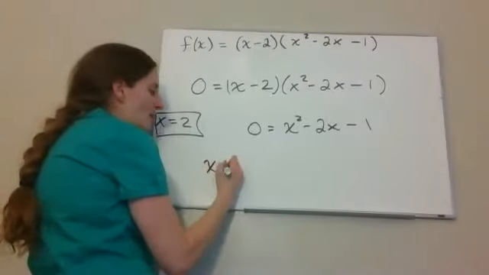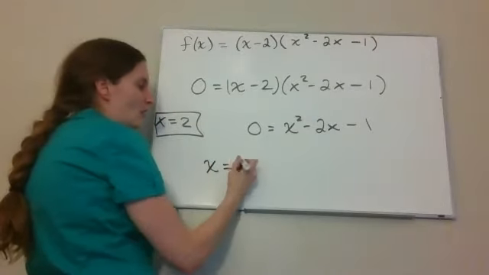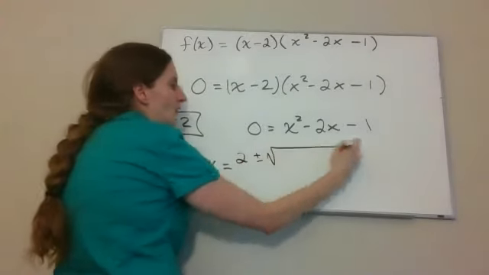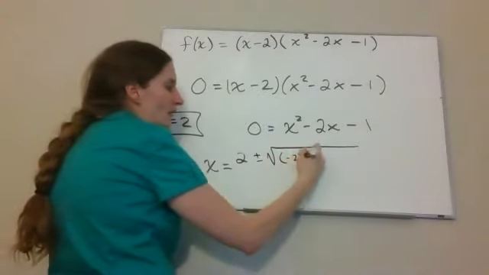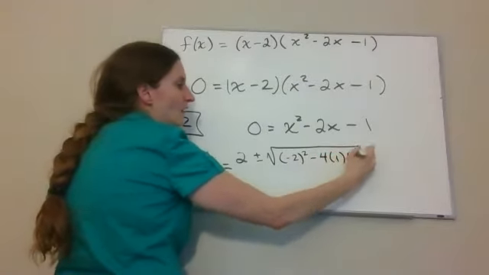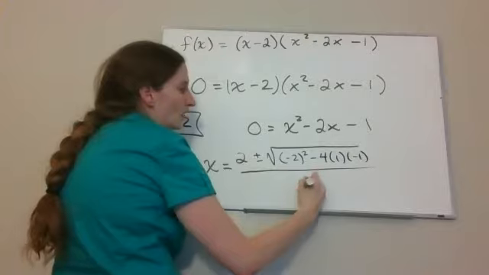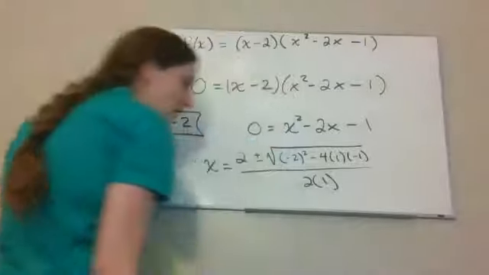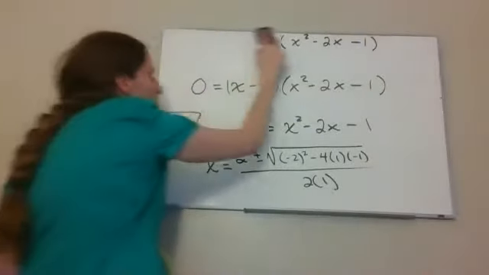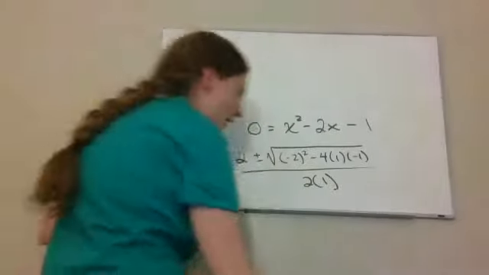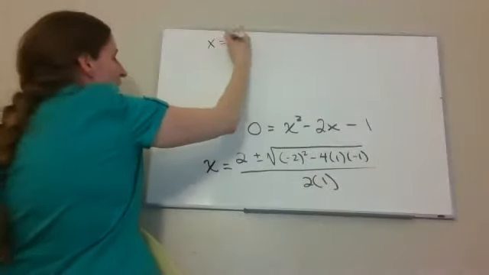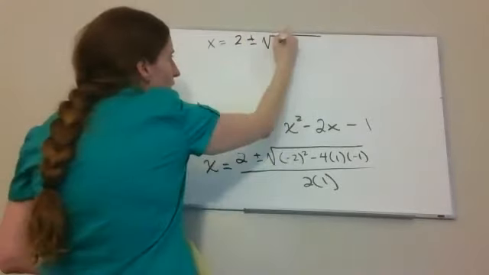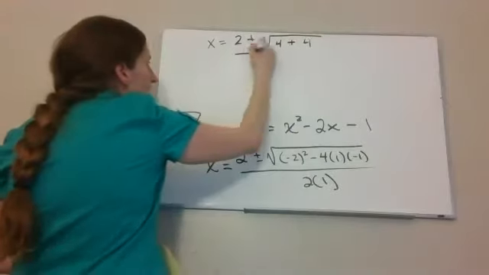The quadratic formula tells me x is equal to my negative b, so that's positive 2, plus or minus the square root of b squared minus 4ac all over 2 times a. And if I simplify this, I will get all of the other zeros for my original polynomial. So I get x equals 2 plus or minus a square root of 4 plus 4 all over 2.